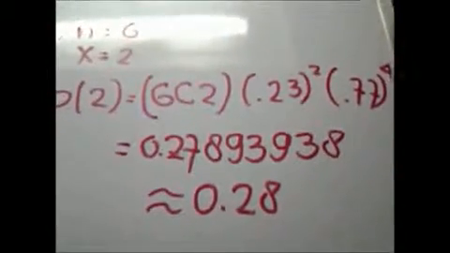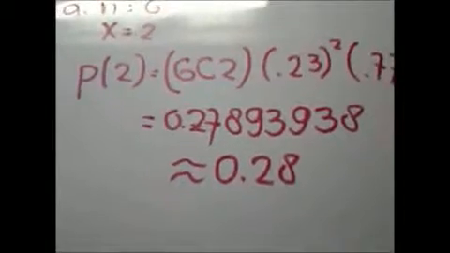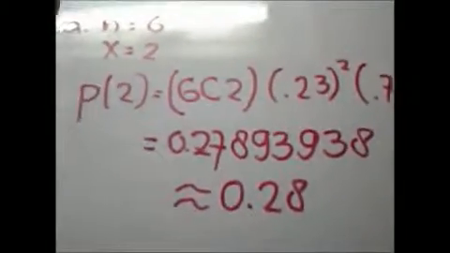In a sample of 6 international travelers, what is the probability that 2 will stick with their group? For A, n is 6 and x is 2. In this problem, we will just substitute the values of n, x, P, and Q into the equation.